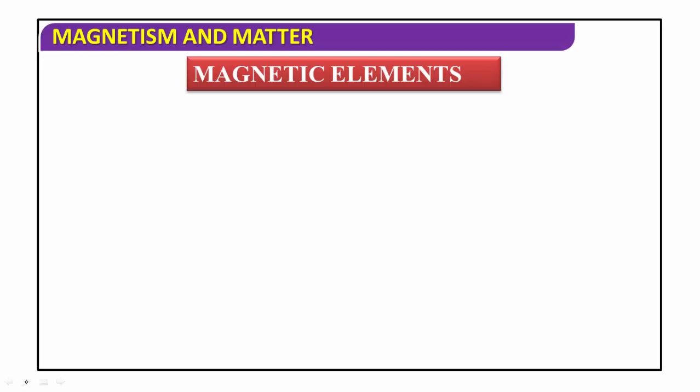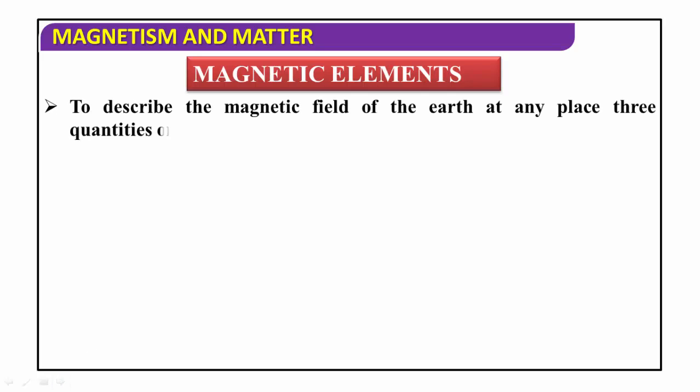The next concept of this topic is magnetic elements. There are three important magnetic elements: magnetic declination, magnetic inclination, and the horizontal component of the earth's magnetic field. To describe the magnetic field of the earth at any place on the surface of the earth, three quantities or elements are required.